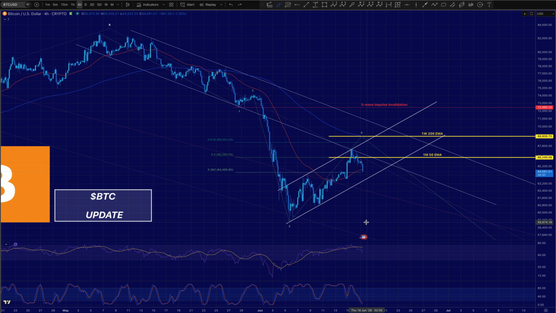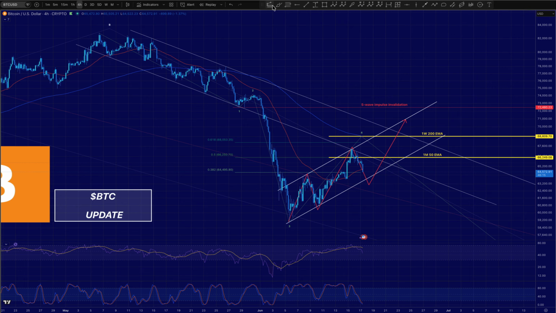Bitcoin bottomed here, and Bitcoin is now making a leading diagonal, which is, as I showed just before, a 5-wave overlapping structure with each of the waves in the same direction being longer if it's an expanding one, as this one would be, than the other.